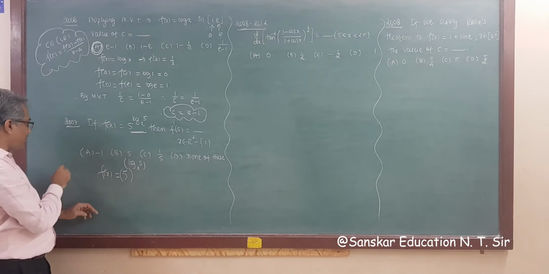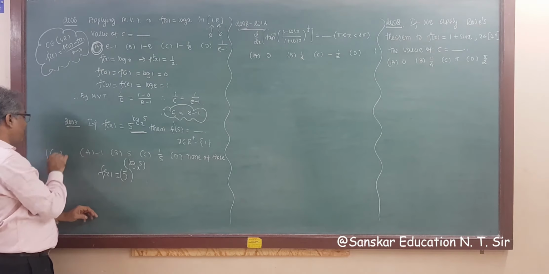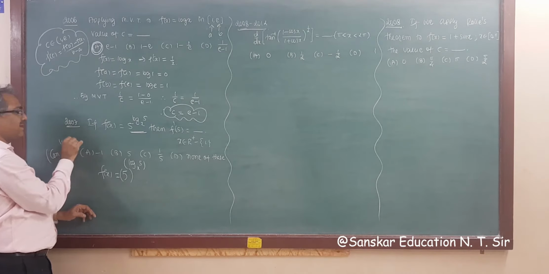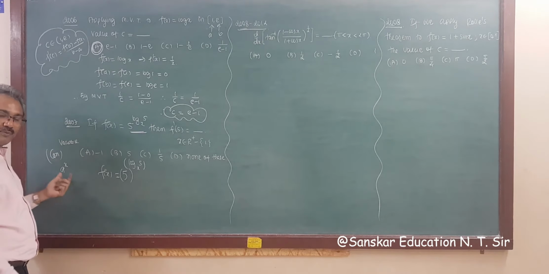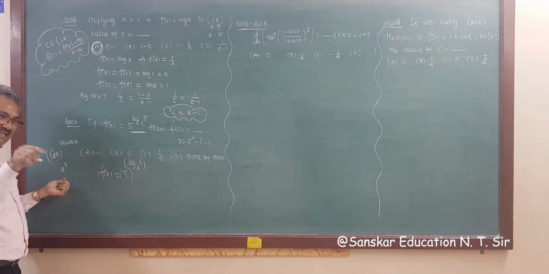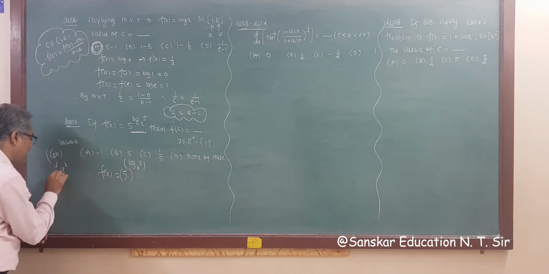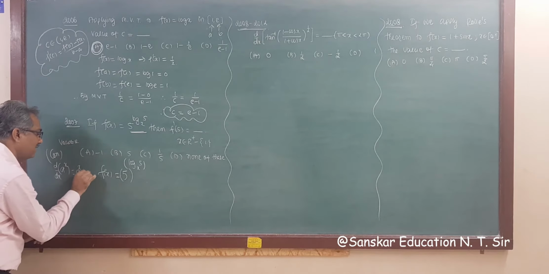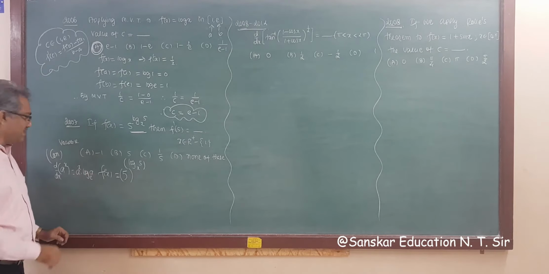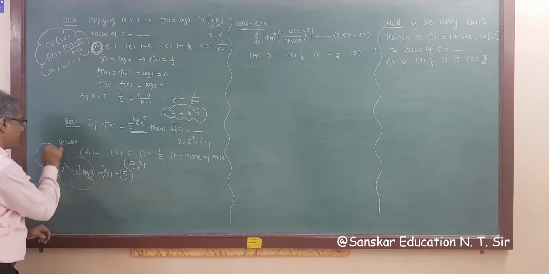So this is of the form a raised to x, and the derivative of a raised to x is a raised to x into log a base e. This is the formula for constant raised to variable.